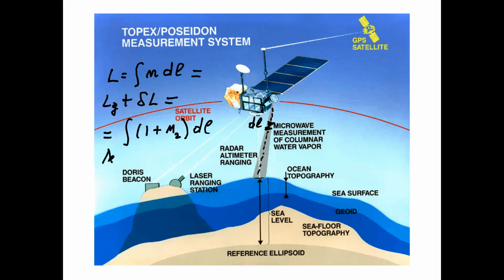So delta L is equal to the integral of (N minus 1) dL. This N minus 1 is small and has contributions from the dry troposphere, the atmosphere, but also from water vapor.